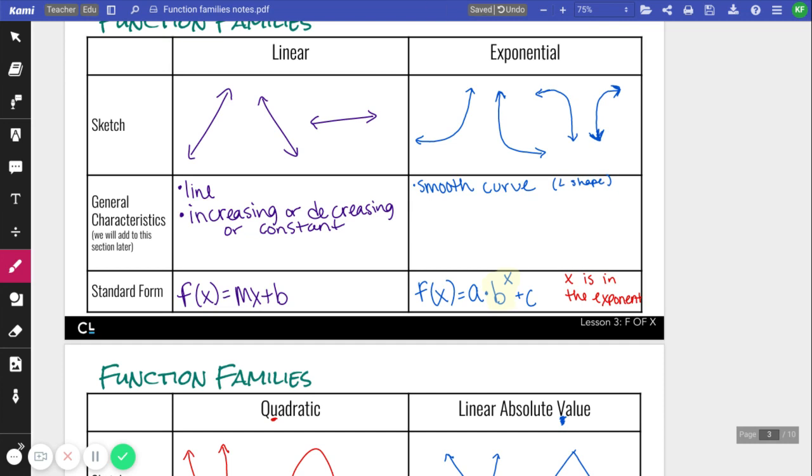So you would say this one right here would be an increasing function, that example. This one would be decreasing, and this one would be constant.